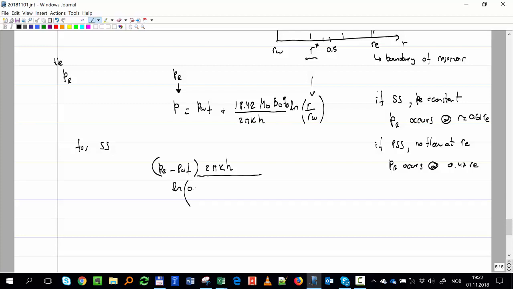That will be 0.61 RE divided by RW. Let's see what else. Mu O B O is equal to Q. Okay, and 0.18, 0.42. I'm always forgetting something.